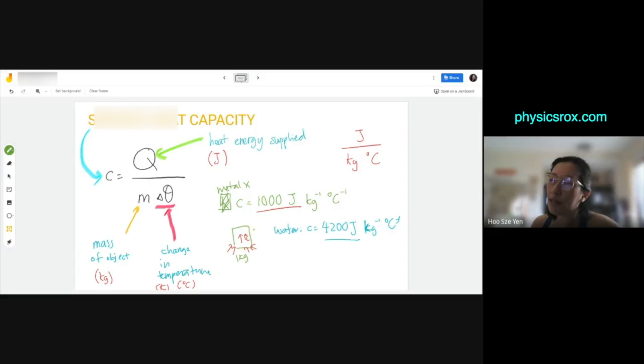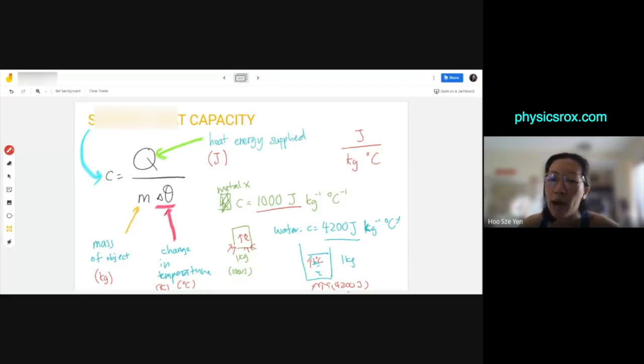We take 1 kg of metal X, to increase by 1 degree Celsius you need 1,000 joules of energy. If you take 1 kg of water, to increase the temperature by 1 degree Celsius, you need 4,200 joules of energy.